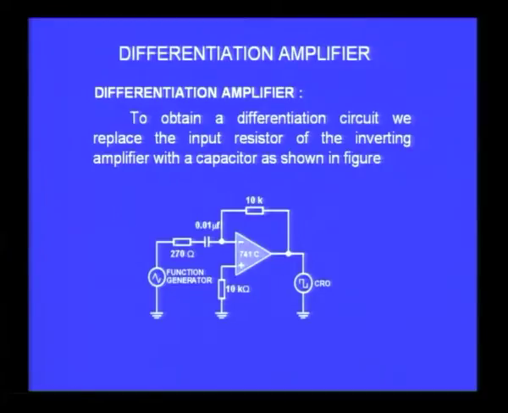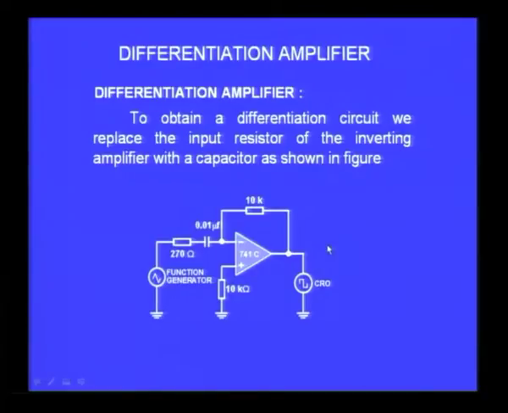To avoid that, I introduce a 270 ohms, so that whatever noise is generated at the input side will be dropped across the 270 ohms. The 270 ohms will make sure that not much voltage passes beyond this point, and therefore the noise currents will be very small, and they will have very little effect at the output, whereas because the value is so small, 270 ohms, it will not greatly affect the input signal, which will be in the order of volts. So if I apply, then I will get that.